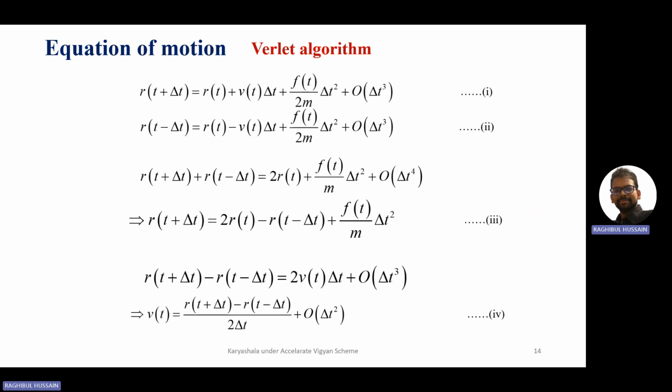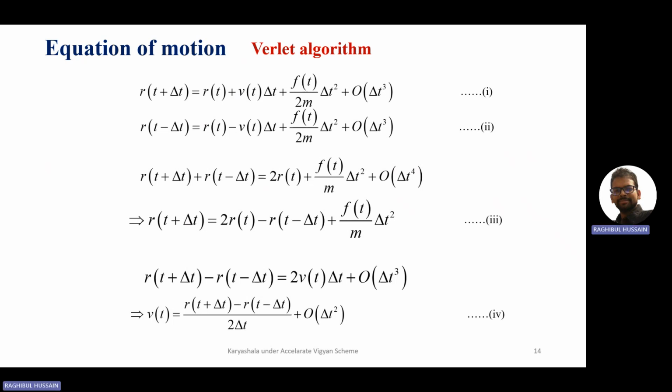As it is a very small deviation, the Taylor series is only applicable for a small deviation, right? It cannot go for a very large deviation. If it goes, then the stability criteria will be violated. So for that delta t, the small time increment, what will be the position that we can express with respect to the Taylor series expansion.